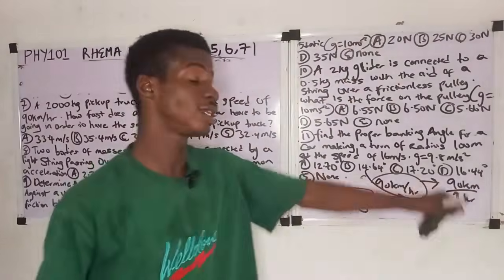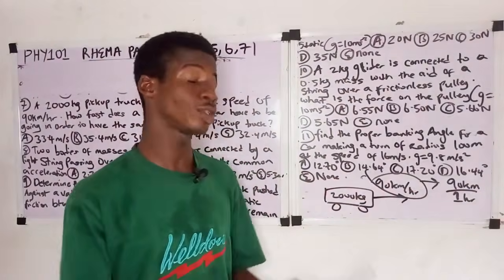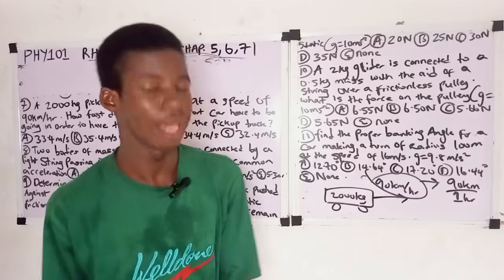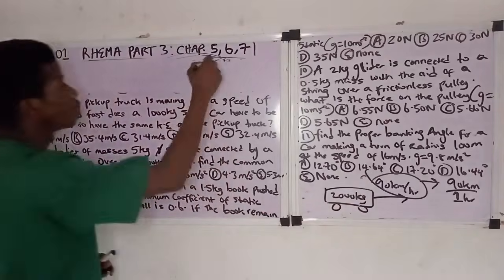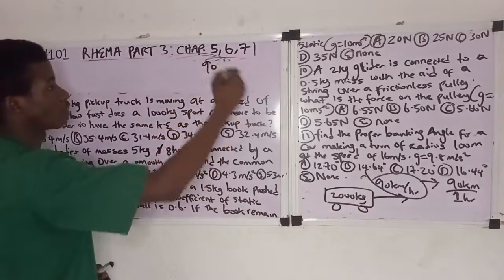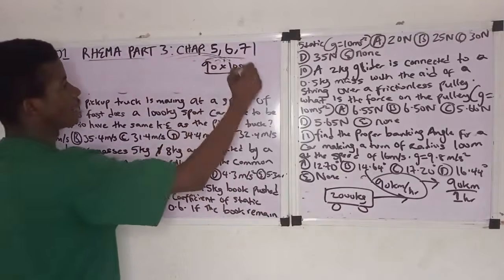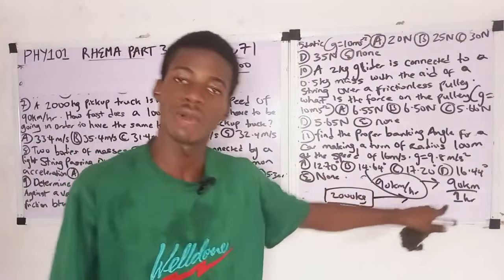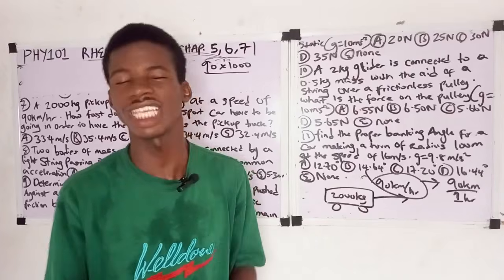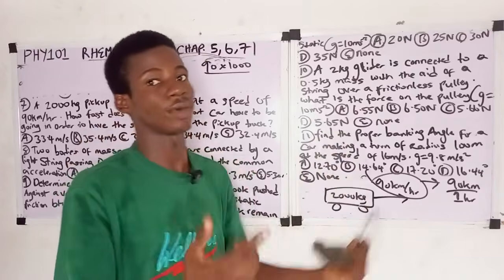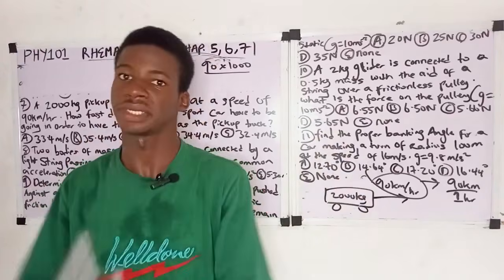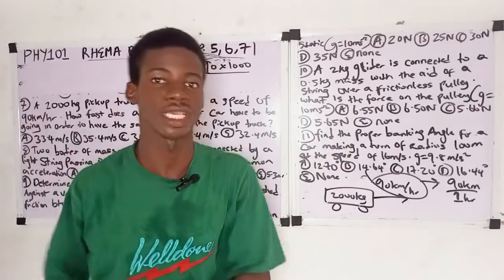To convert from kilometer to meter, multiply by 1000. Then we all know that 1 hour is the same thing as 3,600 seconds, right? So there are 3,600 seconds inside 1 hour.